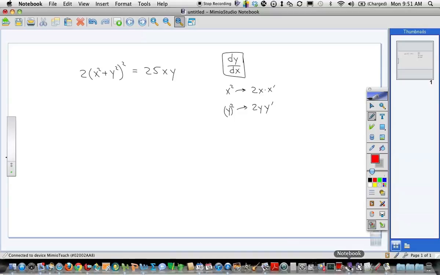X prime is 1. That'd be like dx dx. If you thought of this as some stuff squared, you bring down the 2, leave the x alone, times the derivative of the inside. What's the derivative of x? 1. The derivative of x with respect to x is 1. The derivative of y with respect to x is y prime. That's the difference. Okay? So we would not tack on an x prime.